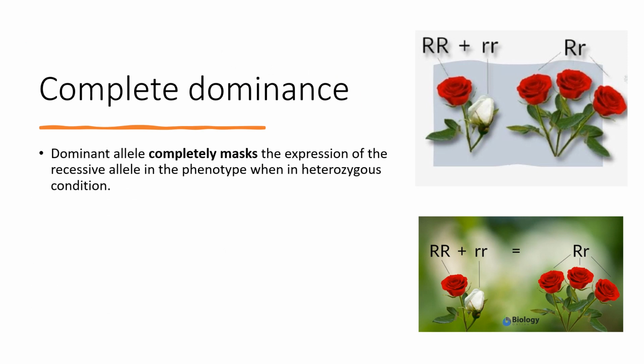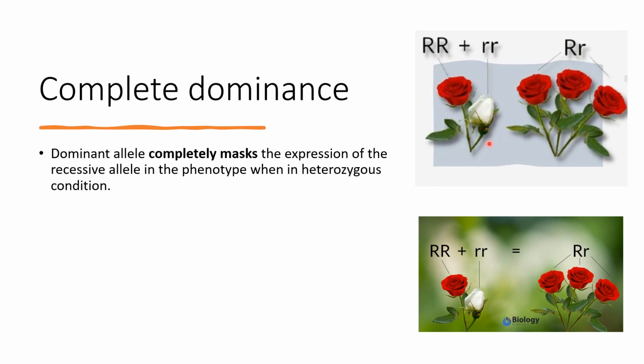So here we have what we call complete dominance. You have two parents, and let's talk about the flowers. One flower is red, one flower is white. So it's like a plant that produces red flowers and a plant that produces white flowers.